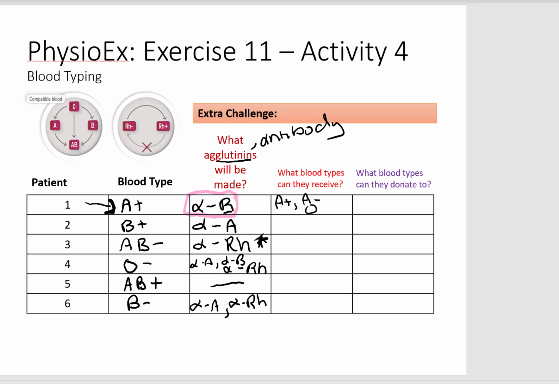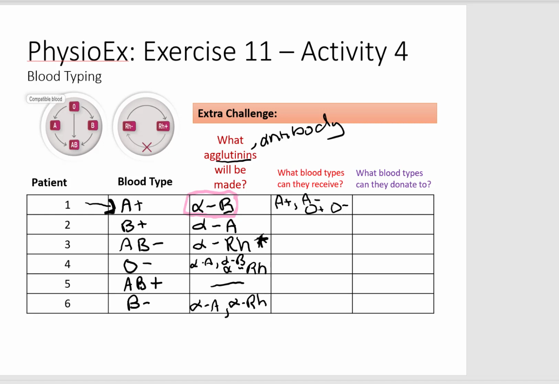We can give them O positive and O negative. And right about now, a student says, Kara, I know I can give them A positive and A negative, but why O positive and O negative? Won't the O positive and O negative patients have anti-A antibody in their plasma? You are correct, they would.